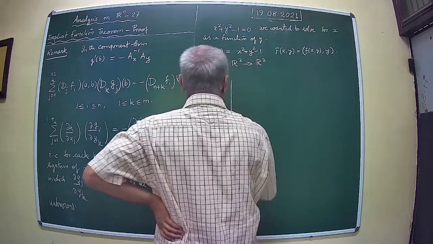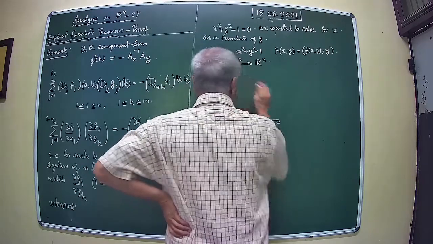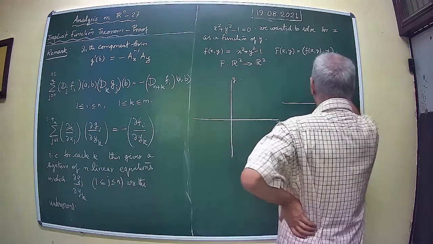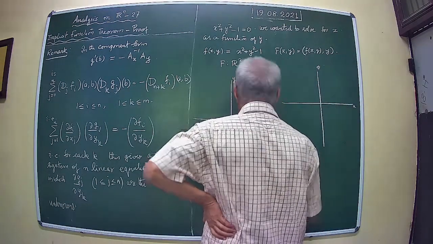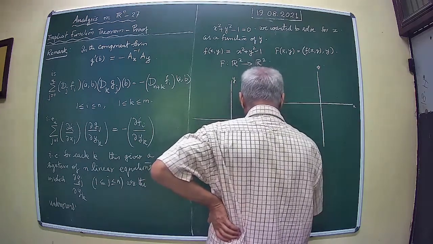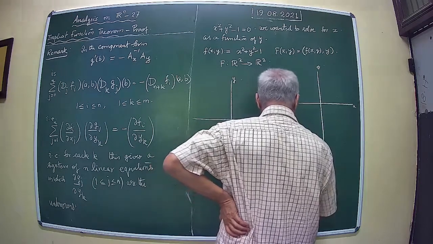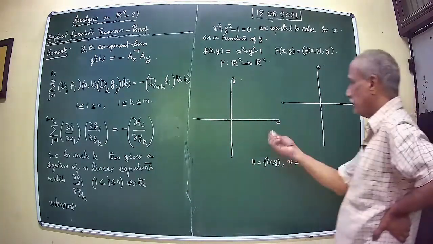So you have, I write u as, so what is this map?